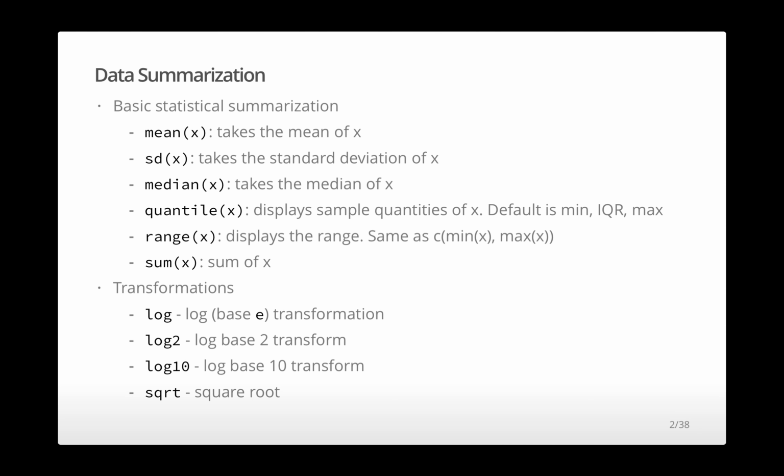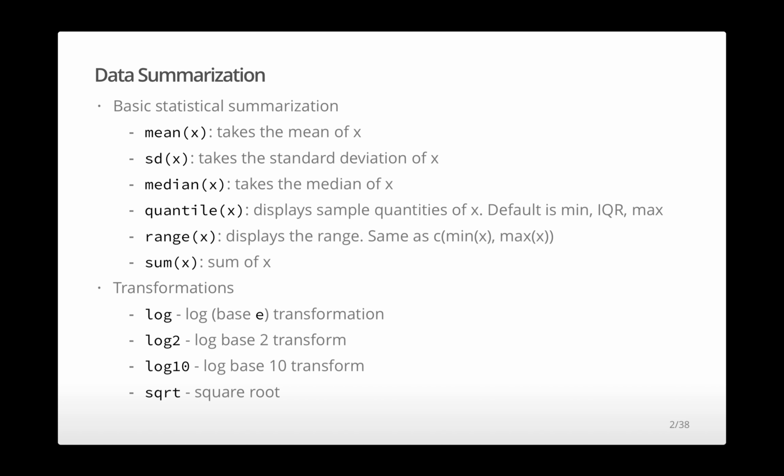Quantile, by default, gives you the quartiles of a data set plus the min and the max. So 0, 25th, 50th, 75th, 100th percentile, right? Min, median, and max. Range gives you 2 numbers back, min and max. Okay. Sum adds everything up. Sum is really useful, right? Especially when you're doing logicals. You sum the number of logicals, that tells you the number of cases where it's true.